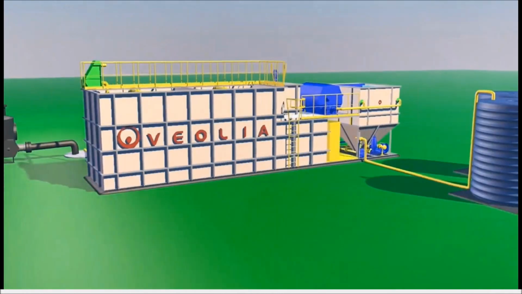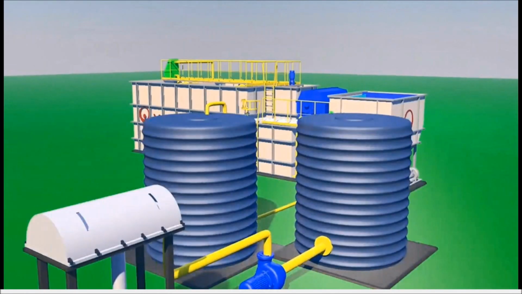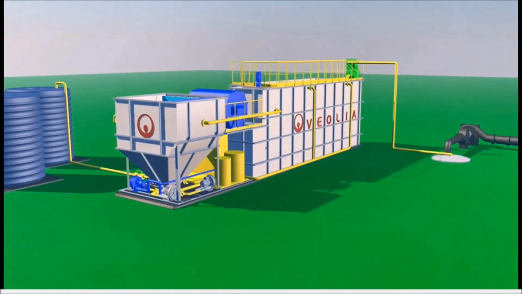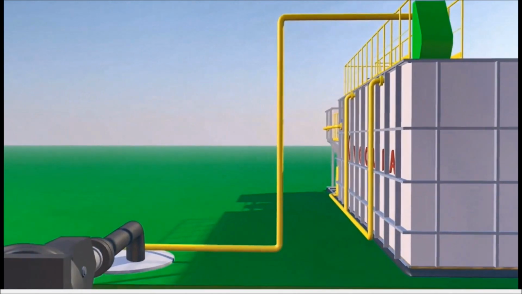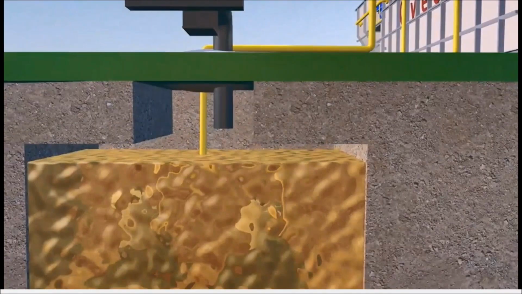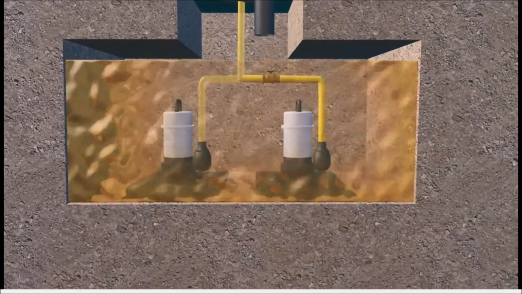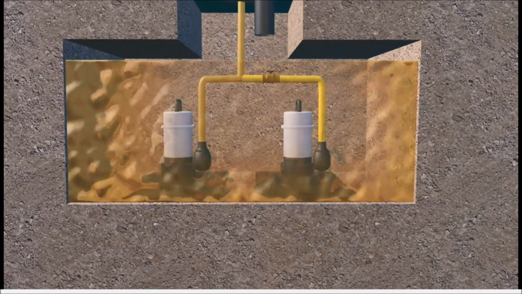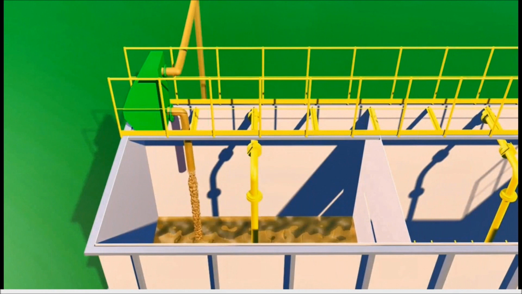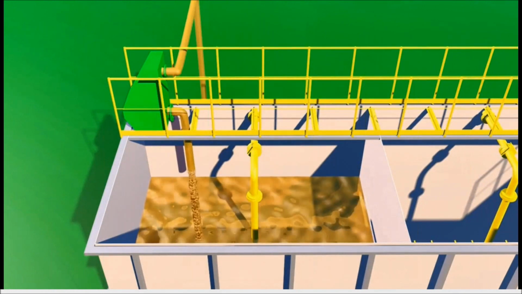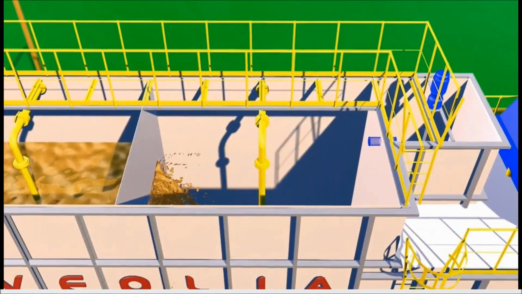Let's have a quick tour via process flow diagram using the C500 package, along with odor control and dewatering system. From the equalization tank, the sewage is pumped out by submersible pump to a static fine screen and then to the MBBR tank where carbon gets removed.